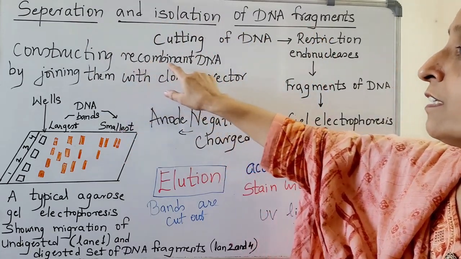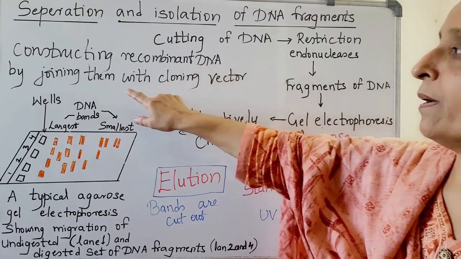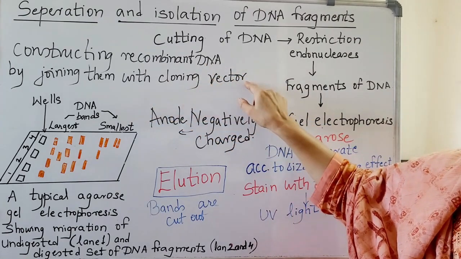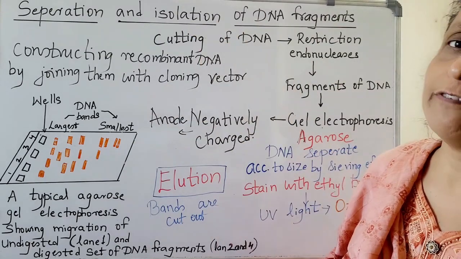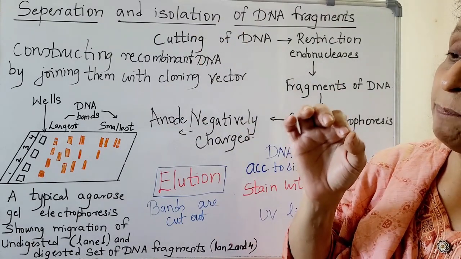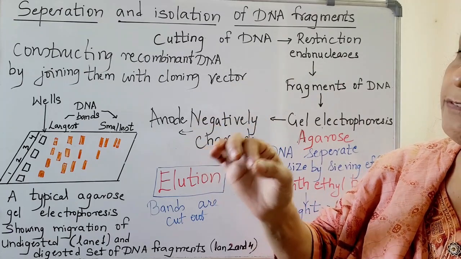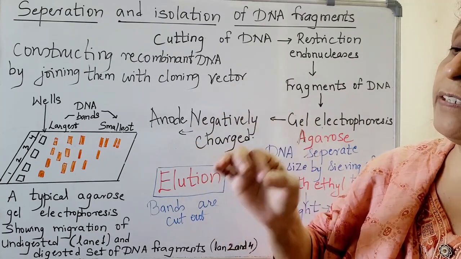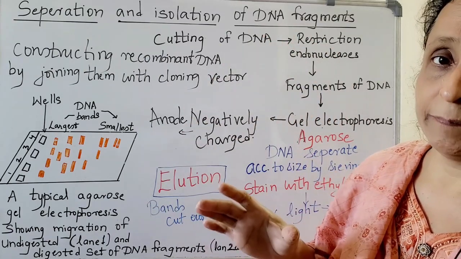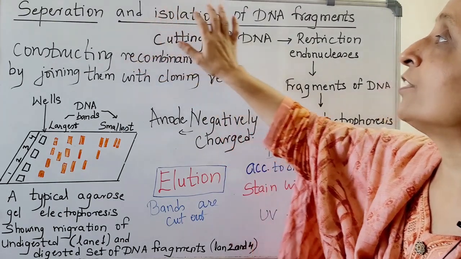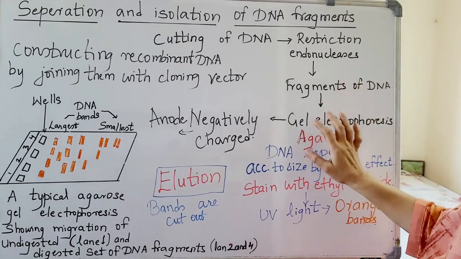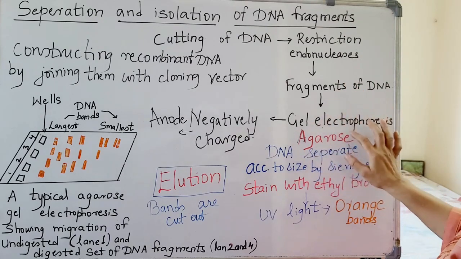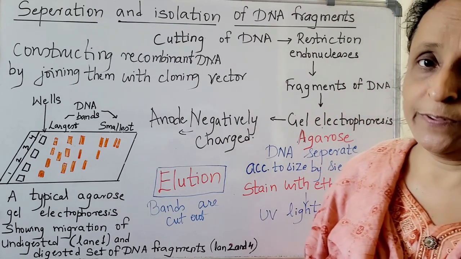After this process, the cloning of the vector will take place. This DNA will be transferred into the vector and the vector will clone this DNA. So this is how separation and isolation of DNA fragments takes place with the help of the gel electrophoresis process.